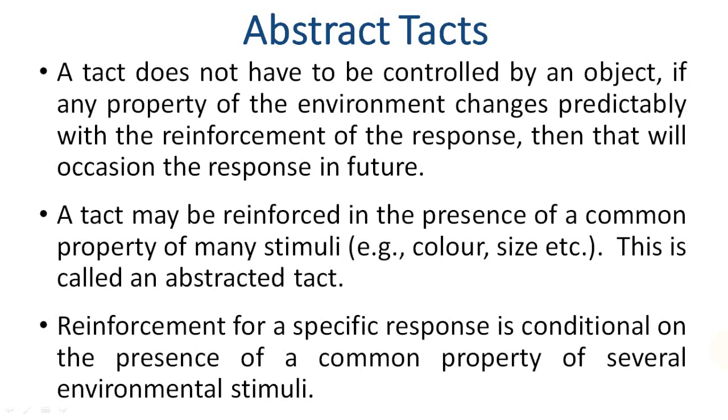And this brings us to abstract tacts, our next verbal operant. As the name implies, a tact may be reinforced in the presence of a common property of many stimuli, such as the color or their size.